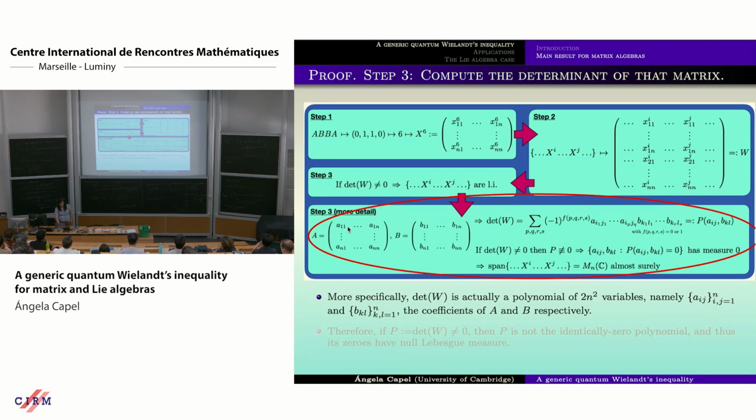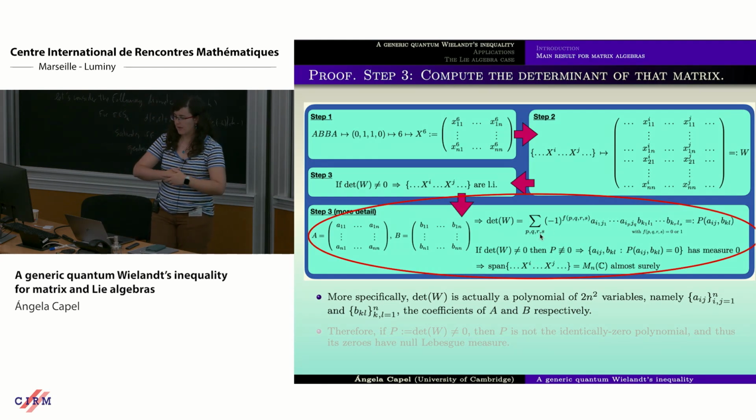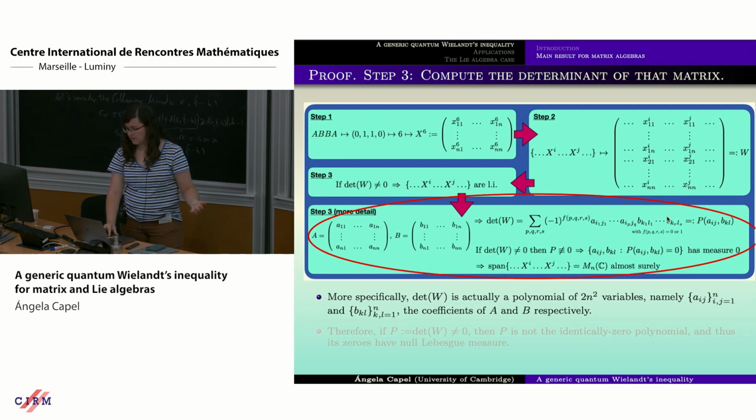So they are going to be combinations of the coefficients of A and the coefficients of B. So in general, when we compute the determinant of this matrix W, what we are doing is taking a combination of +1s and -1s of a bunch of monomials, all in these coefficients of these matrices A and B. So this is a huge polynomial on all these coefficients, on all these coefficients of A's and B's.